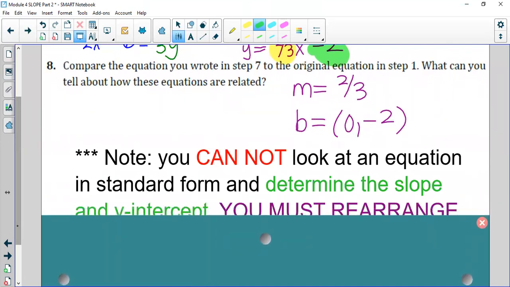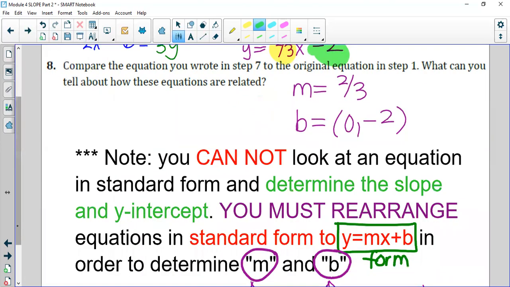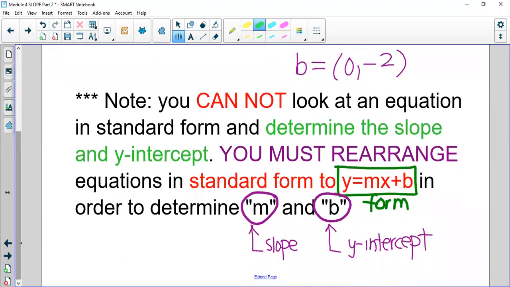Now, I want everyone to write this note into your study notes. You cannot look at an equation in standard form and determine the slope and the y-intercept. You cannot. You must rearrange all equations in standard form and turn them into y is equal to mx plus b form in order to determine m.